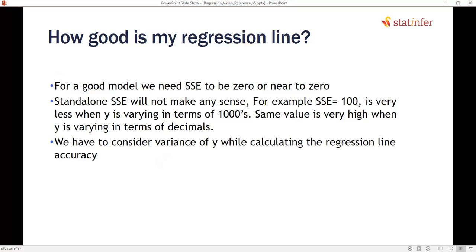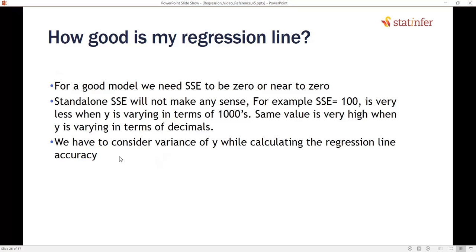That means we might get a prediction which is higher than y, and in some cases a prediction which is lower than y. So for a best line, y actual minus y predicted should be 0. So if we take all such deviations, the overall deviation should be 0, or the deviation should be less for a good line.